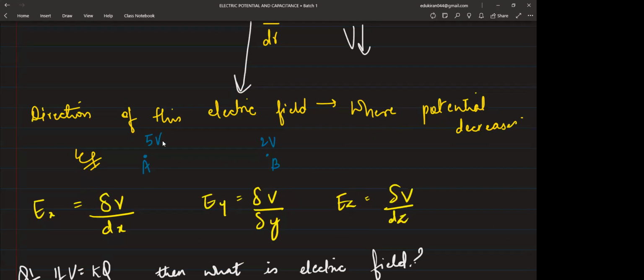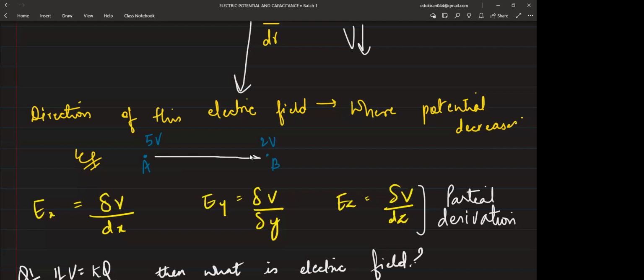For example, A point has 5 volt, B point has 2 volt. So Ex is delta V over delta X, Ey is delta V over delta Y, Ez is delta V over delta Z. Do not worry about this, this is actually partial derivation. So with 5 volt and 2 volt, the direction of electric field where potential decreases means 5 volt to 2 volt.